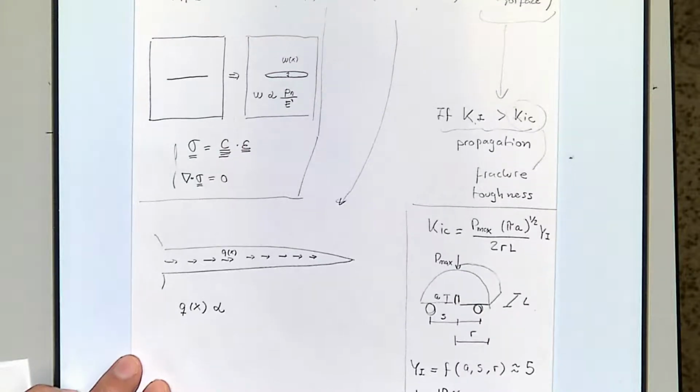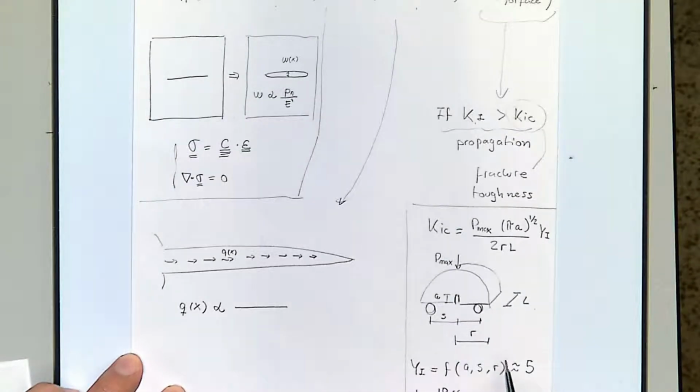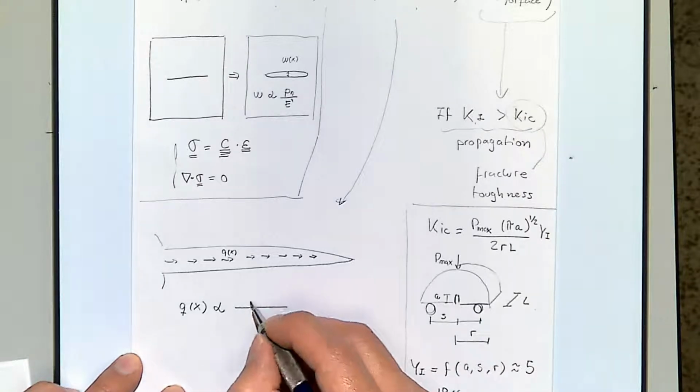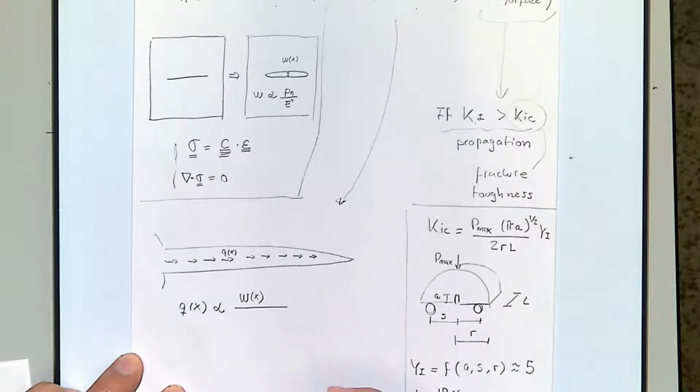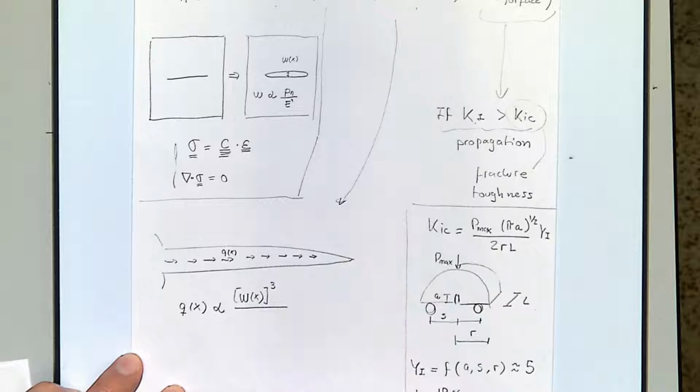What? Let's try to think a little bit about these equations before we actually go into writing lots of derivations. The flow rate is going to be proportional, or inversely proportional, to what? The width, very well. And the width actually is going to be very important. And the width, in this case, goes to the third.